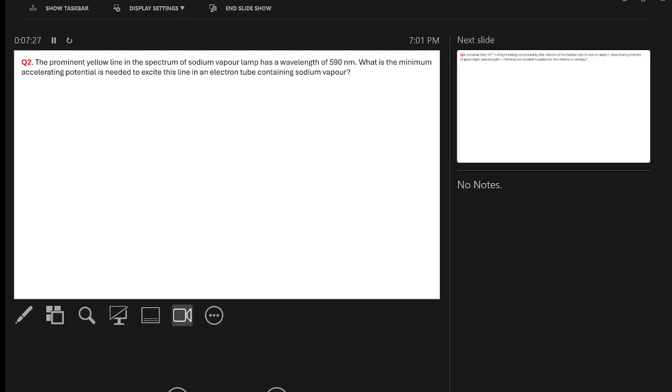So what is the minimum energy required to excite this electron, to excite this line? What is given? Lambda, the wavelength, 590 nanometer. Let's convert it into meters: 5.9 times 10 to the power minus 7.